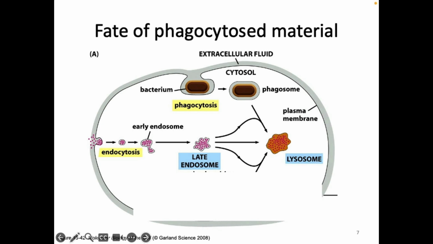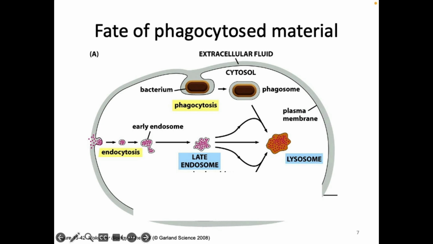If the vesicle happened because of endocytosis, we usually call it an endosome. And these vesicles can both fuse with other vesicles, can interact with other vesicles, can mature into different types of vesicles. It's a whole big process. And eventually we sort of end up at the lysosome.